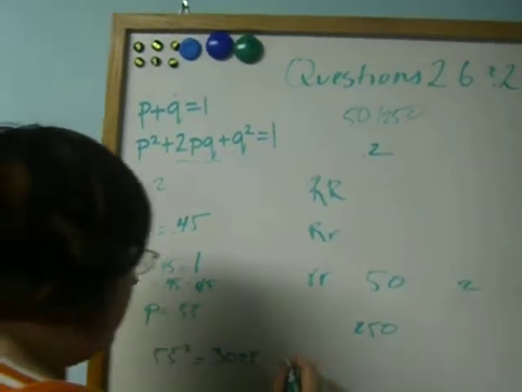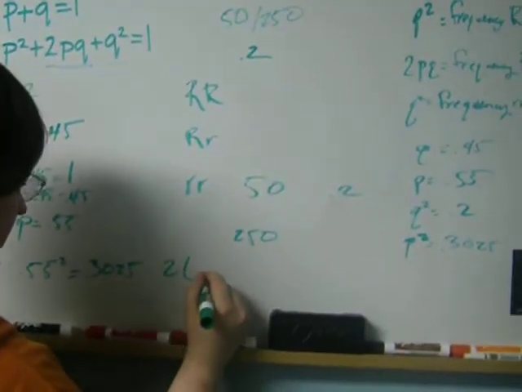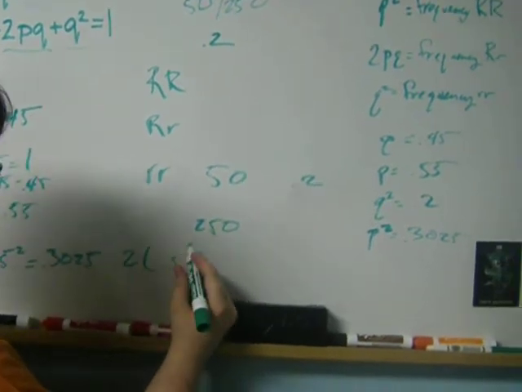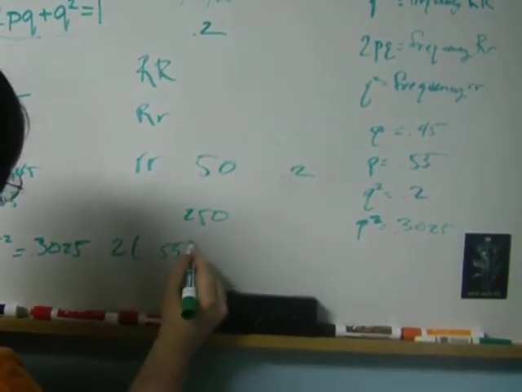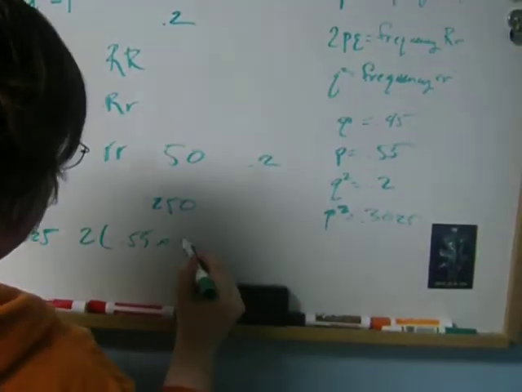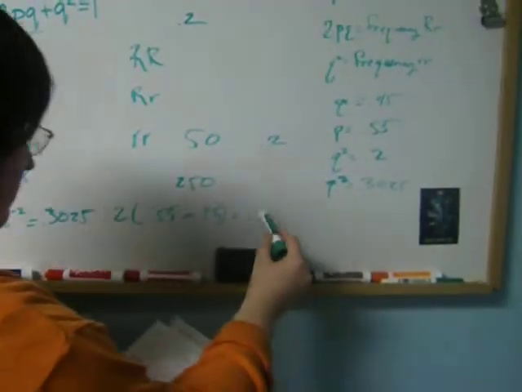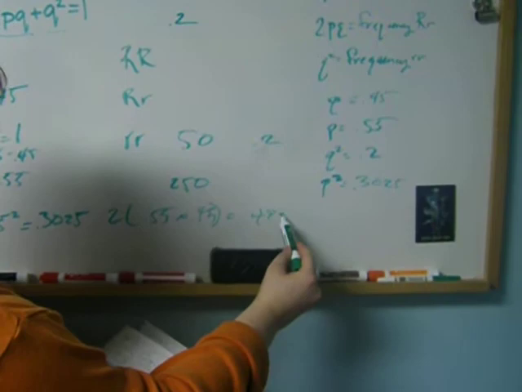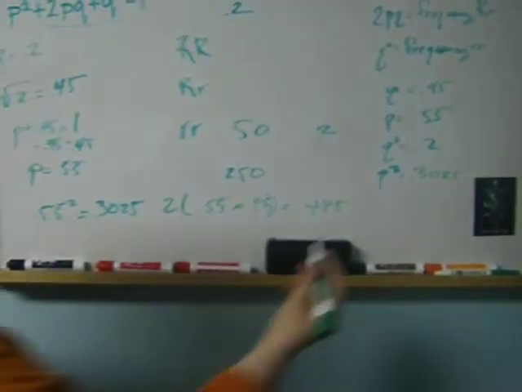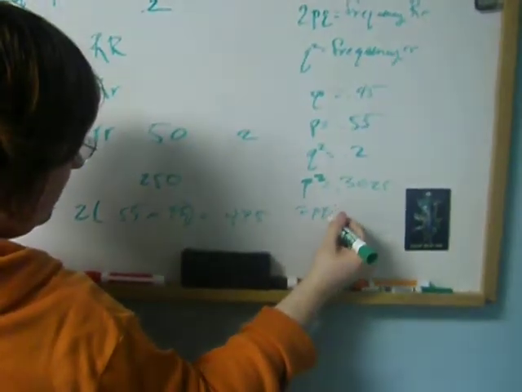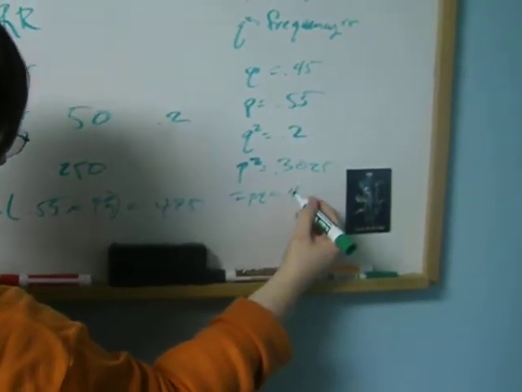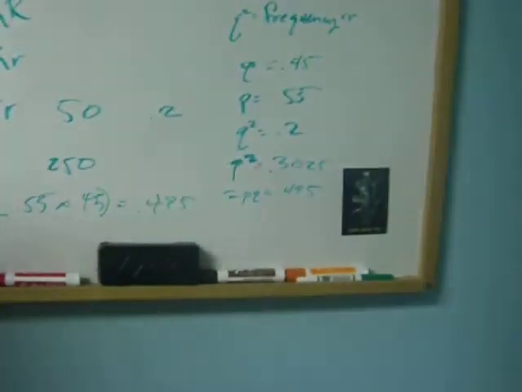So 2 times 0.55 times Q, which is 0.45, and I've already done the math, equals 0.495. So 2PQ equals 0.495.